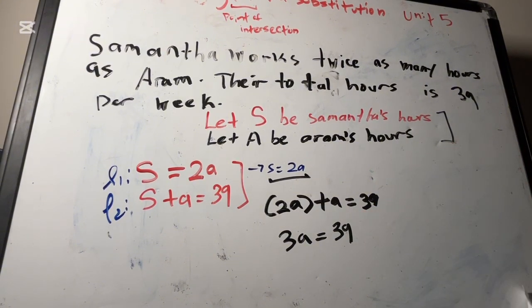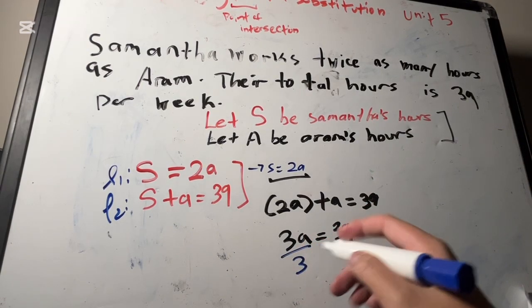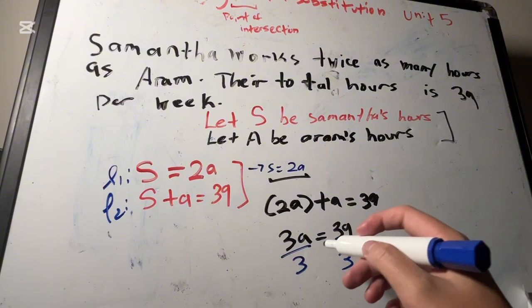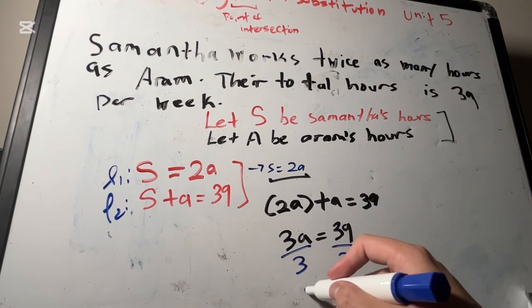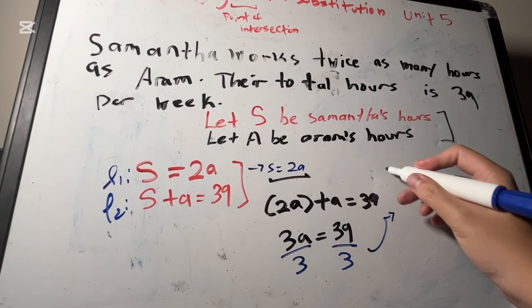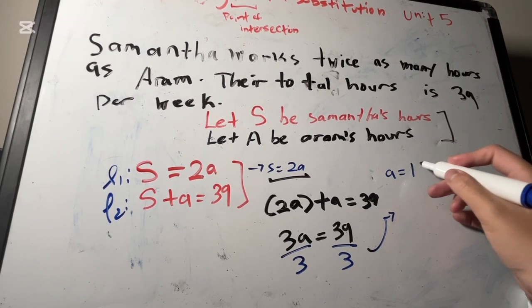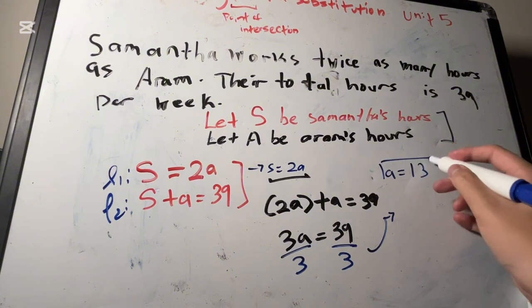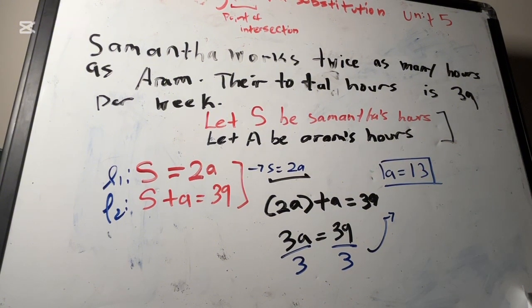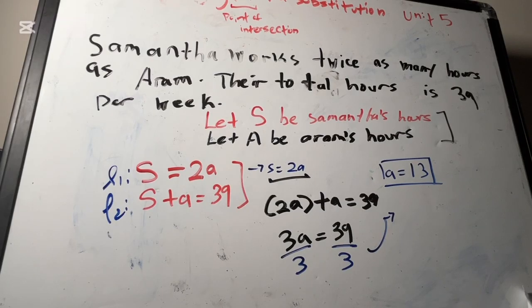And now it comes to multiplication and division. Of course, you should know what to do. Divide both sides by 3 in order to eliminate the 3 and to isolate for A, which means that A equals 13. So this is our A value. And I'm going to save space here for the later parts.